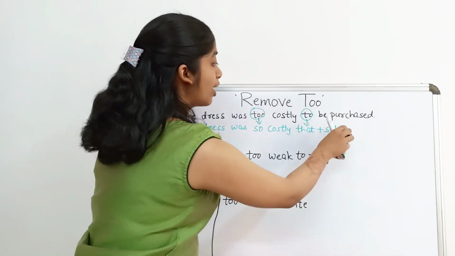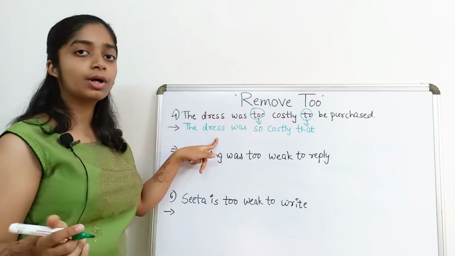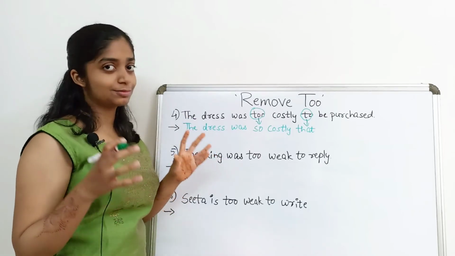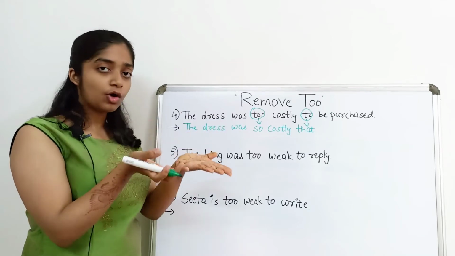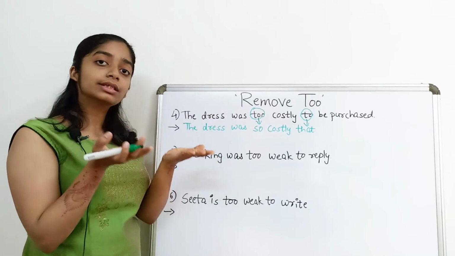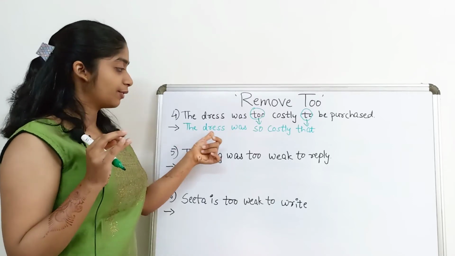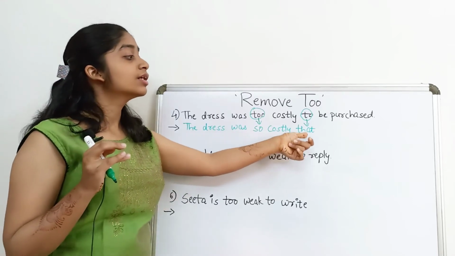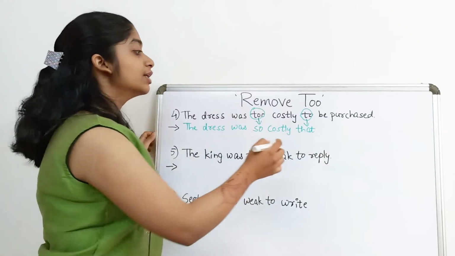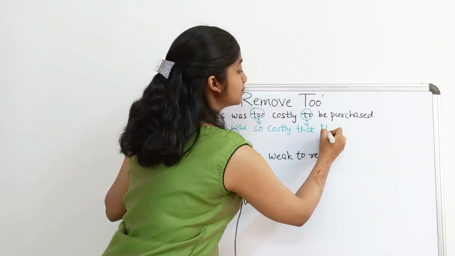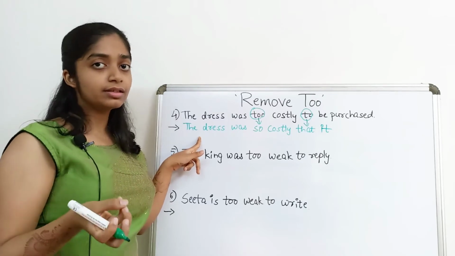Now, we will not repeat the subject over here in such kind of sentences where we come across some objects as the subject. For example, the dress is an object, a material thing, which is the subject in this sentence. The dress was so costly that the dress. No, we are not going to repeat it again. Instead we will write "it", because it is an object, a material thing.